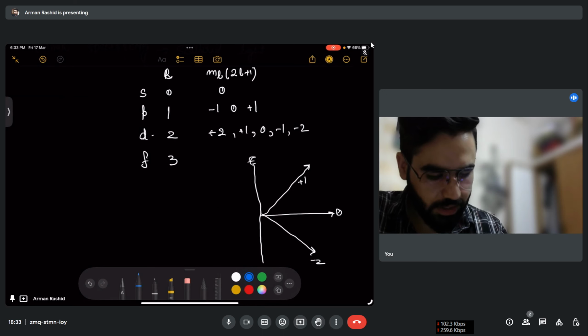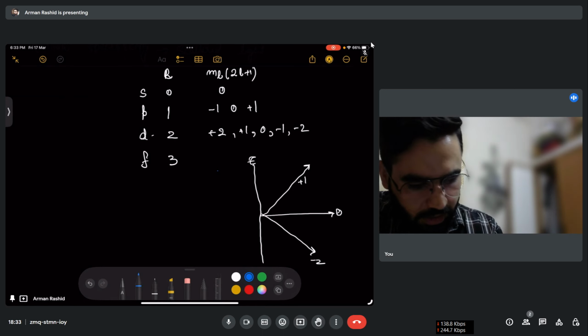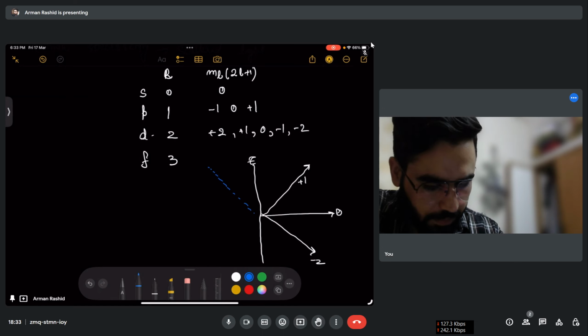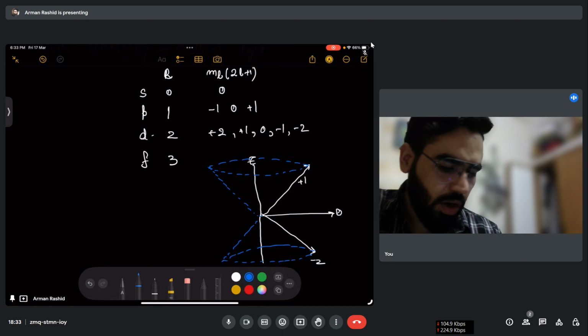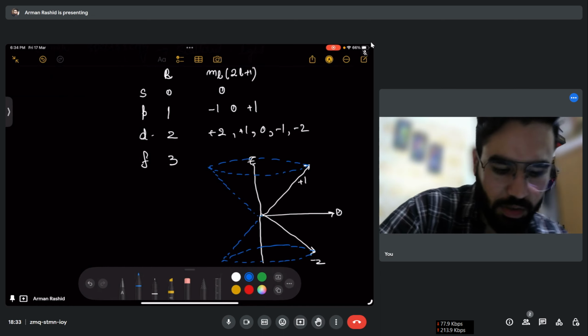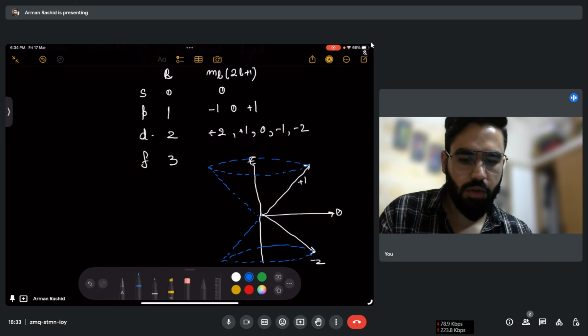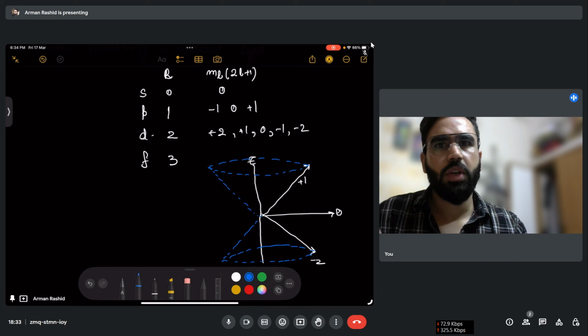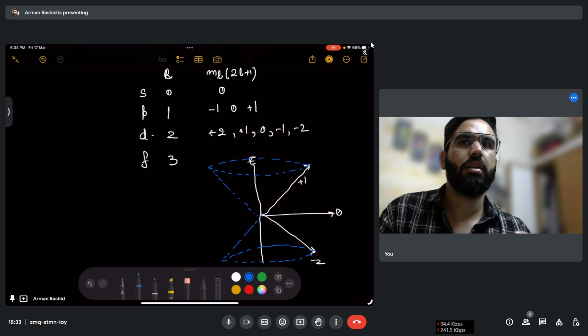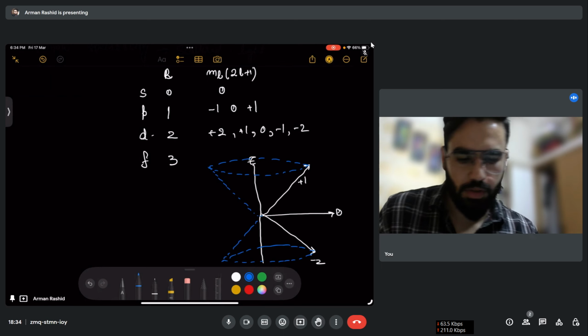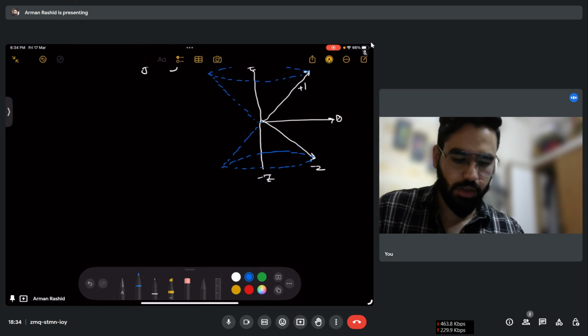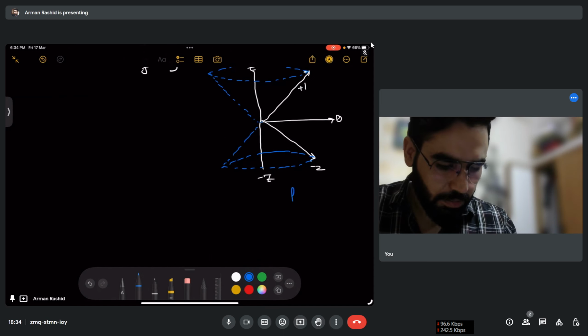In a conical representation we say that the orientation is somewhere on the surface of this cone. Similarly for this, the orientation is on the surface of this cone, because we are only able to measure one component of the orbital angular momentum along with the total orbital angular momentum quantum number. We cannot measure all three. This is given by the complementarity principle, so commutators and everything, you might have heard about them. Similarly this is the p orbital.